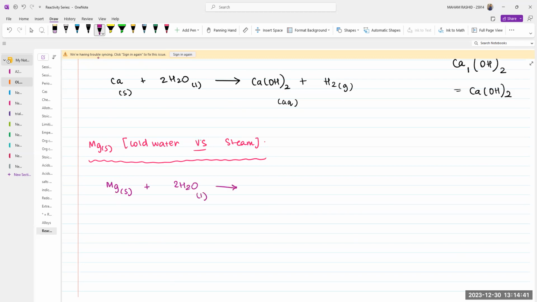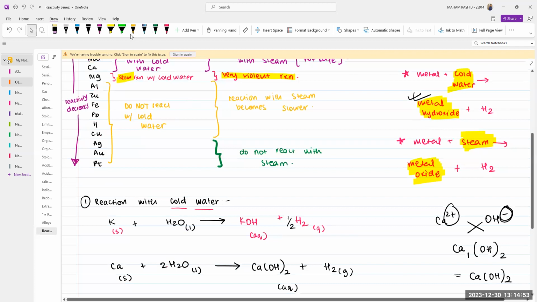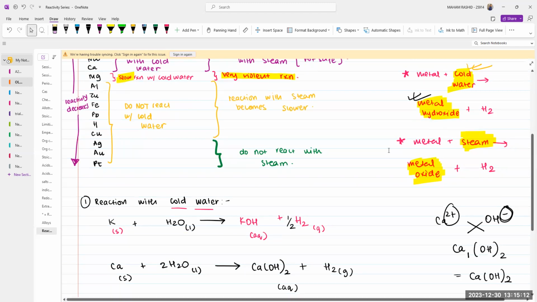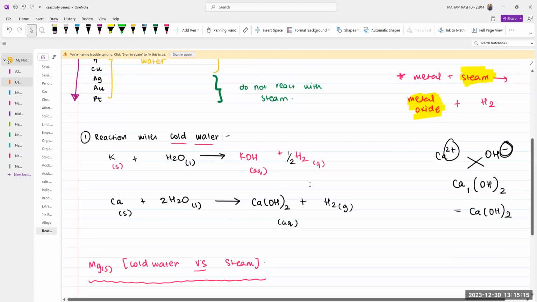This is with cold water, so a reaction with cold water gives me metal hydroxide, because it's cold water, right?